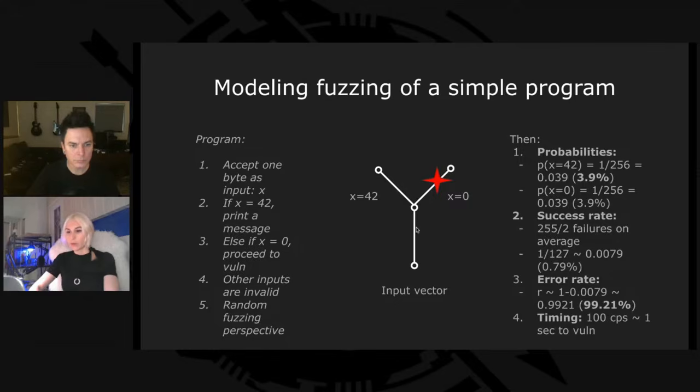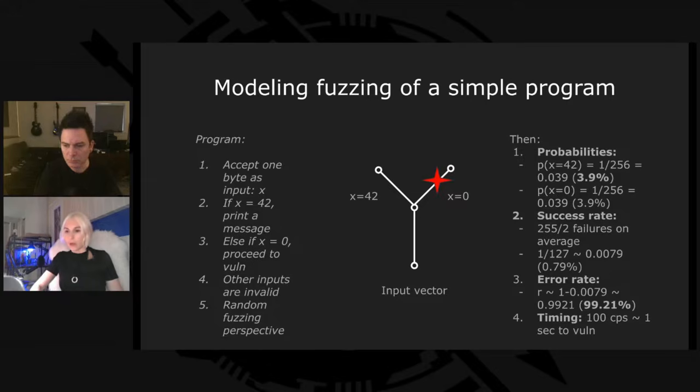And the probability of this variable passing the second branch is also 0.039. So here we have equal probabilities. This is what happens in real life when we are fuzzing this simple program with some ideal random fuzzer.